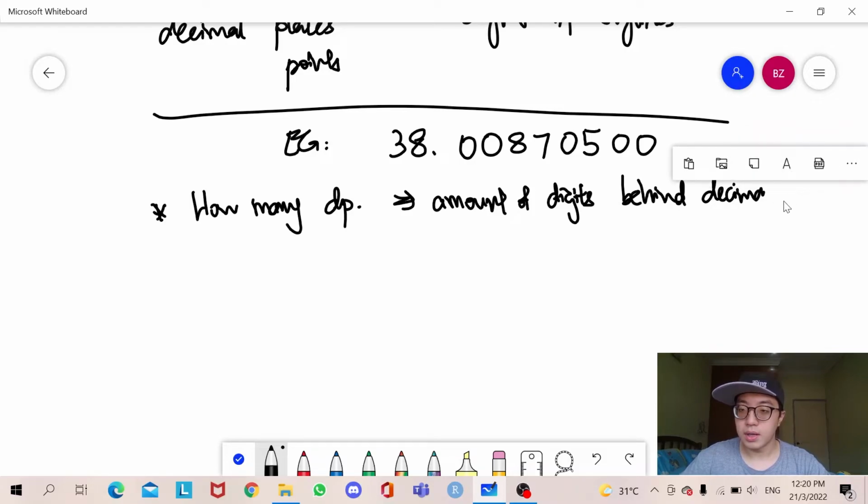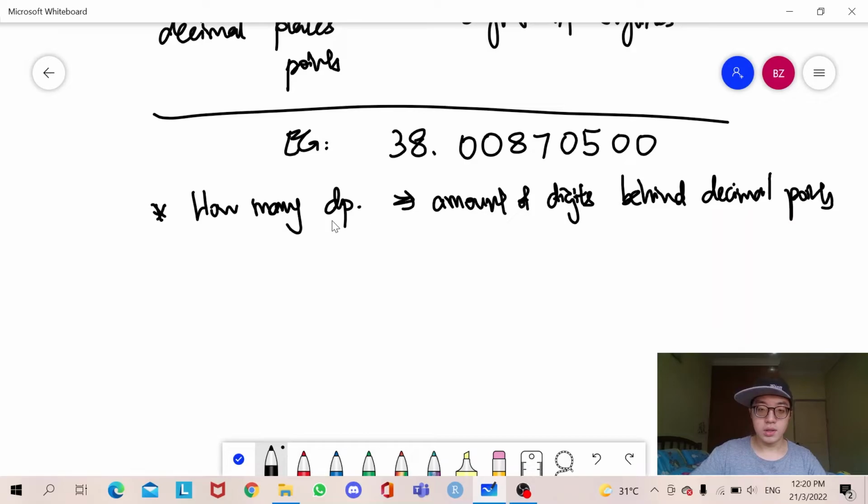In this example, we have 00870500, so we have an amount of 8. So this is 8 DP. You can just calculate by seeing how many digits are behind the decimal point. So this is about the DP for this.